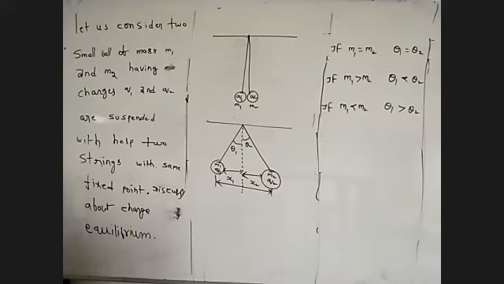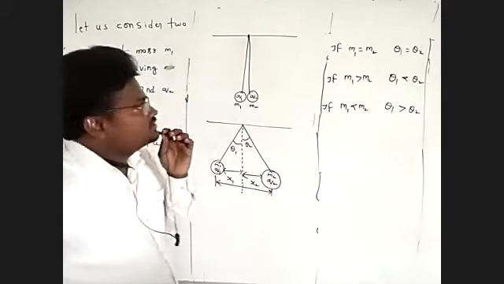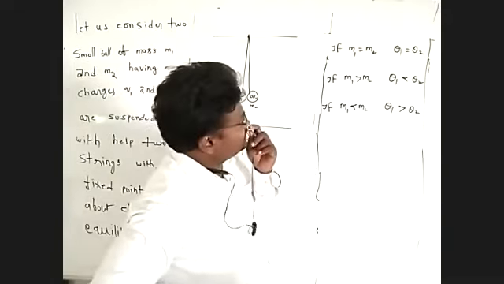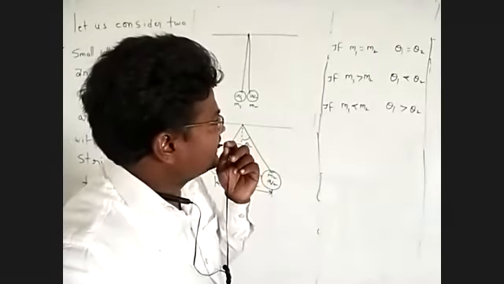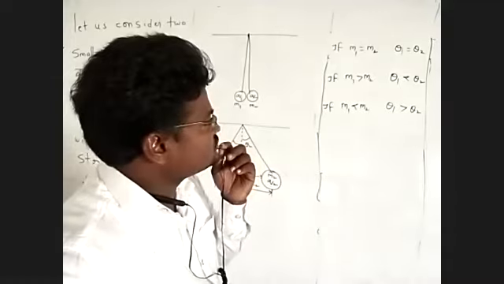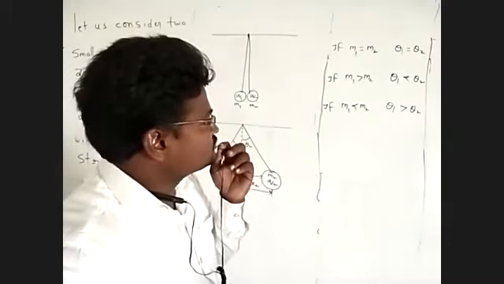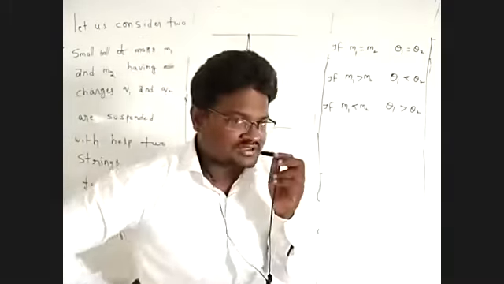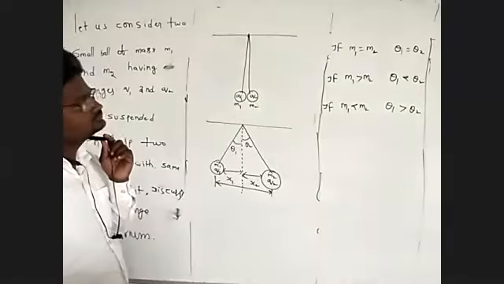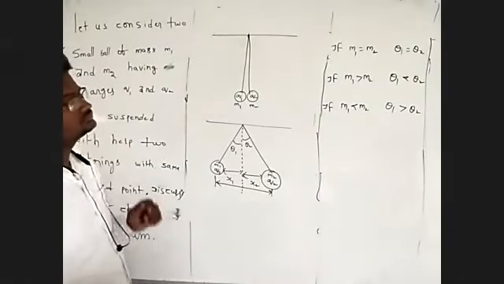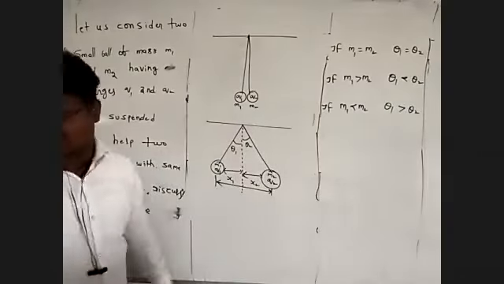Discuss the charge equilibrium position. If m1 is equal to m2, theta 1 is equal to theta 2. If m1 is greater than m2, theta 1 is less than theta 2. If m1 is less than m2, theta 1 is greater than theta 2. This is a very, very important topic. Keep it in mind. Okay, next topic.